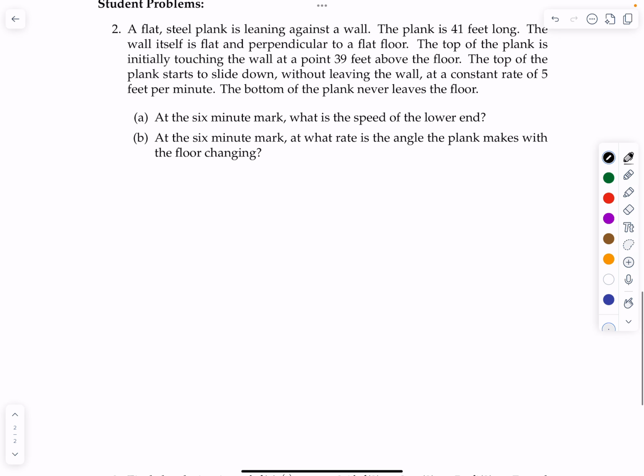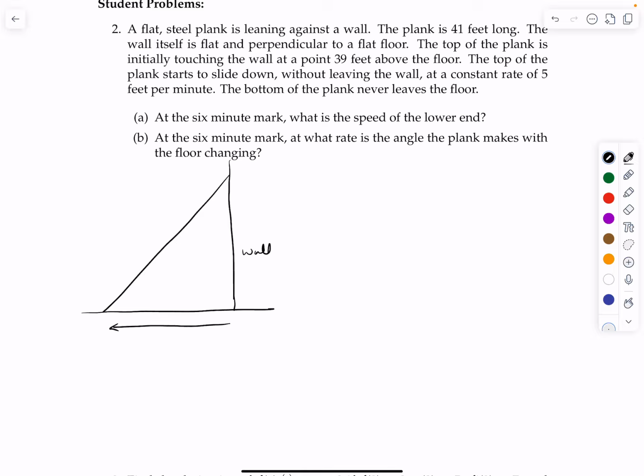All right, let's take a look at this flat plank lying against the wall. Let's see if I can draw this correctly. So you have a situation like this. Here's the wall. Let's see the things that are changing.